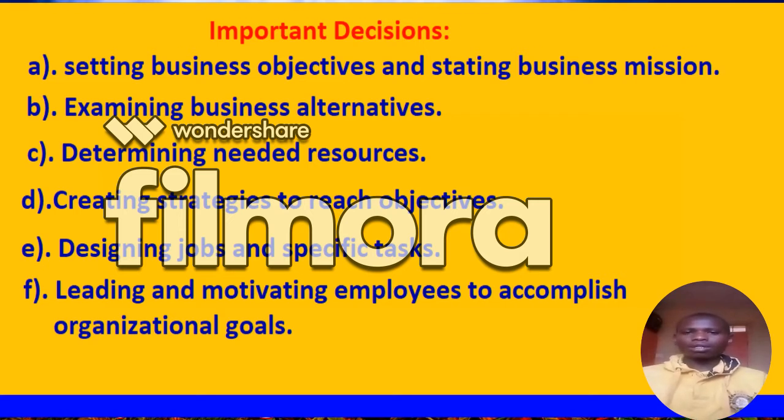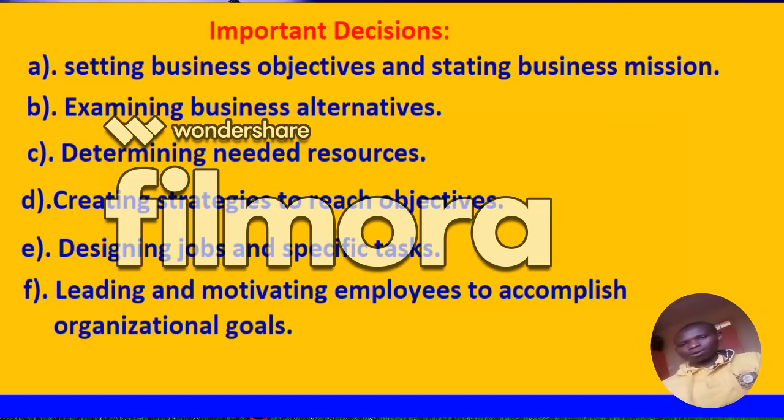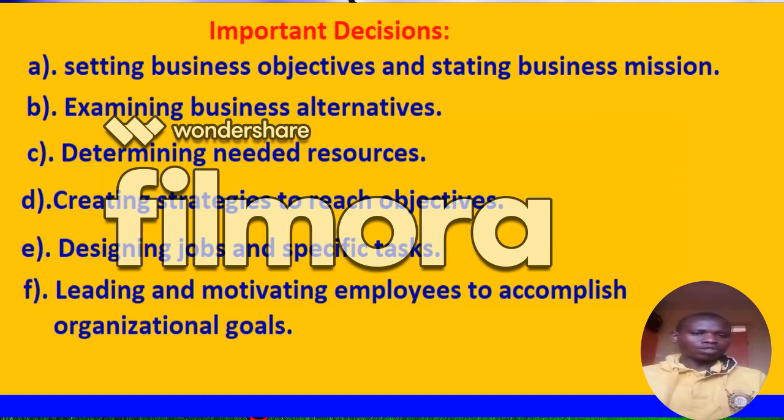With the first point, application number 1. Think of the exponential function, the exponential curve, exponential decay and growth curve. What is the implicit application? These functions enable one to set up business objectives and state the mission of the business.